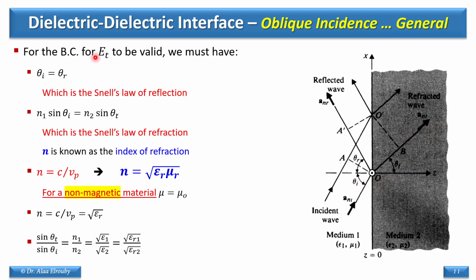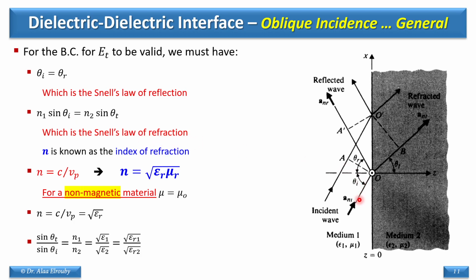Also, for the boundary condition on the tangential component to be valid, to have a solution for it, we have N1 sine theta incident, where N is the refraction index, equal to N2 sine theta transmitted. Angles are always measured from the normal to the interface. So this is theta incident, this is theta transmitted, and this law is called Snell's law of refraction.